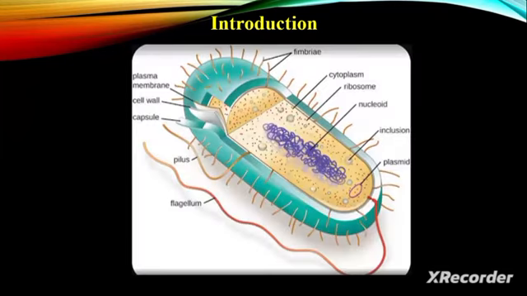To understand prokaryotic cells like bacteria and archaea, there is one important distinction to make right at the start: prokaryotic cells do not contain membrane-bound organelles, unlike eukaryotic cells found in plants, animals, and fungi, which have compartmentalized structures like a nucleus or mitochondria.